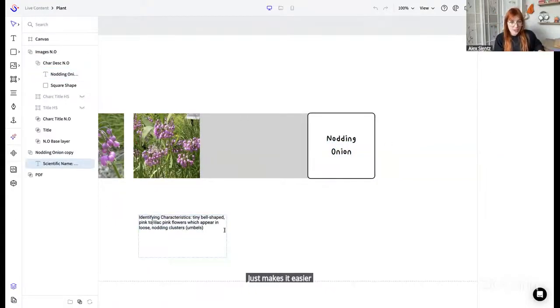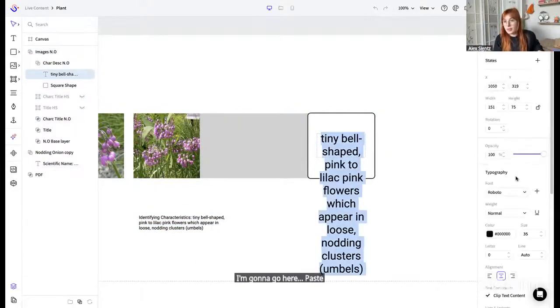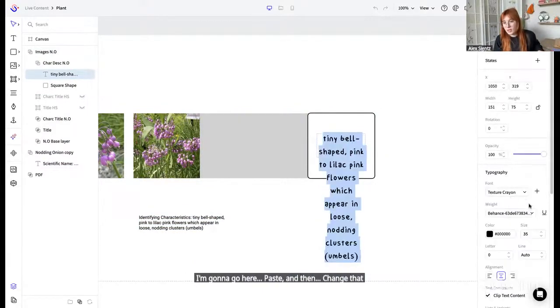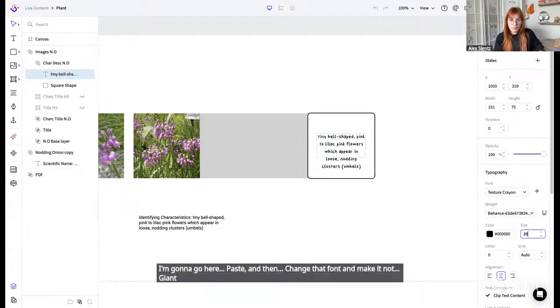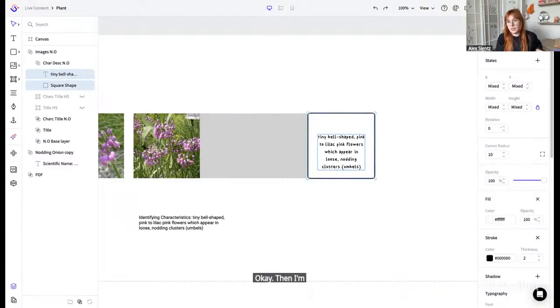So now I'm going to copy this part. I'm going to go here, paste, and then change that font and make it not giant. Okay. Then I'm going to center this.